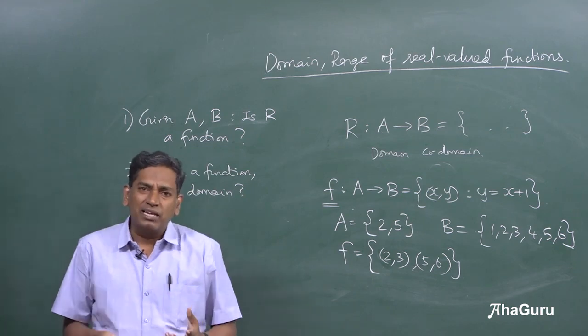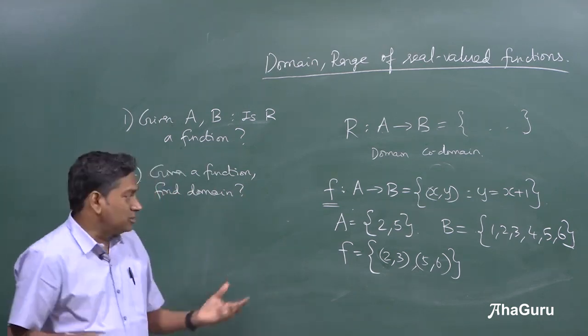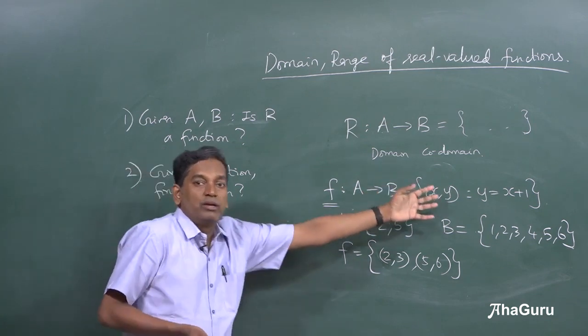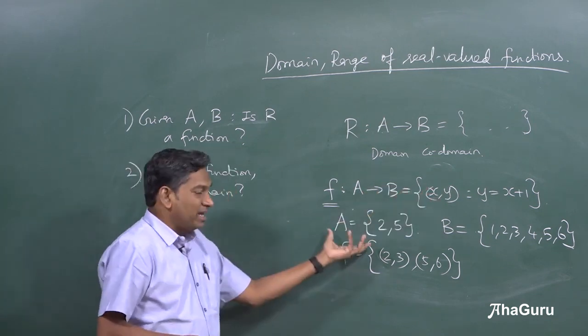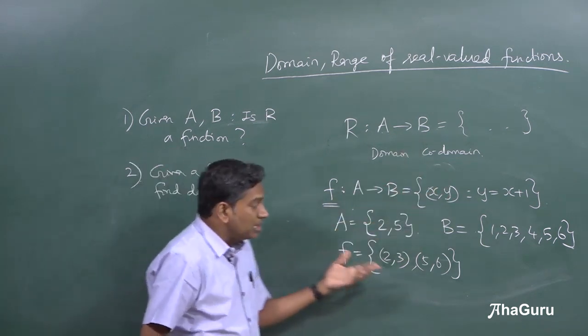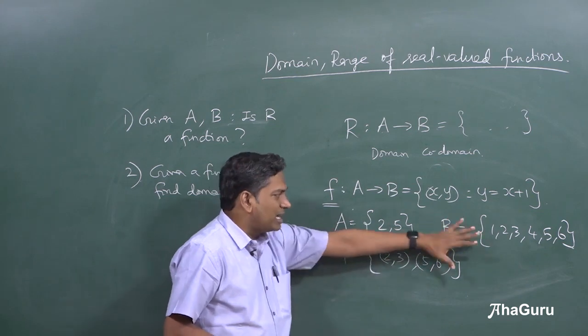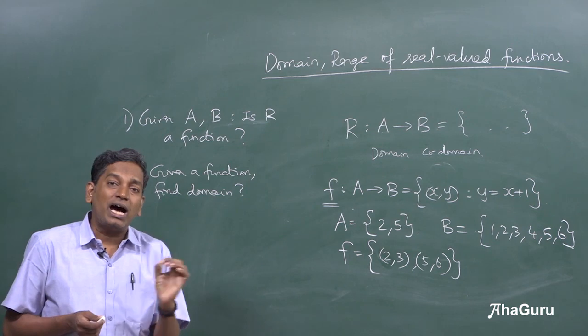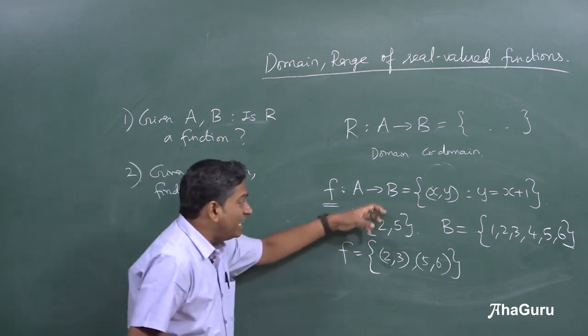It is a little meaningless to ask what is the domain, because 2 comma 5 could be the domain. I could write 3 comma 1 by root 2 as a domain. I could say minus 5, minus 6, minus 7, all negative integers could still be a domain, and I will correspondingly come up with a set for B. So how does it even make sense to ask this question, find the domain?